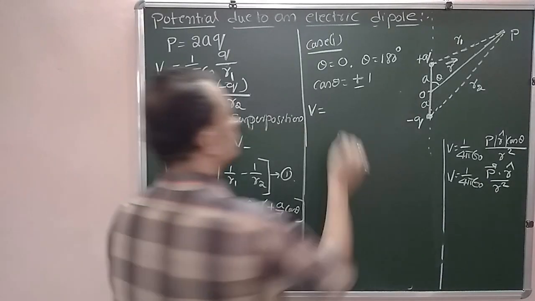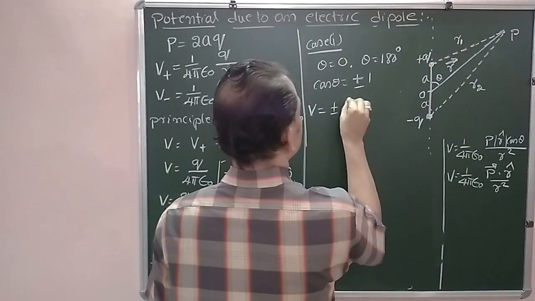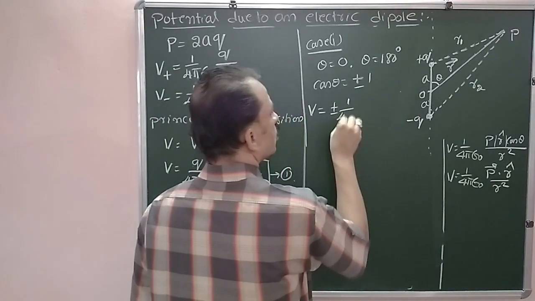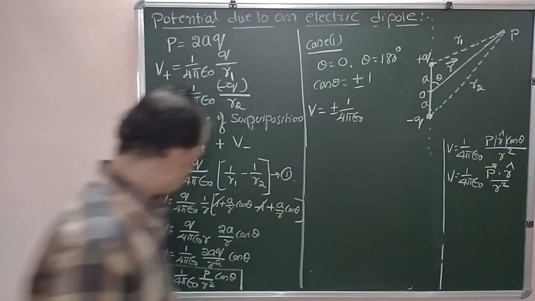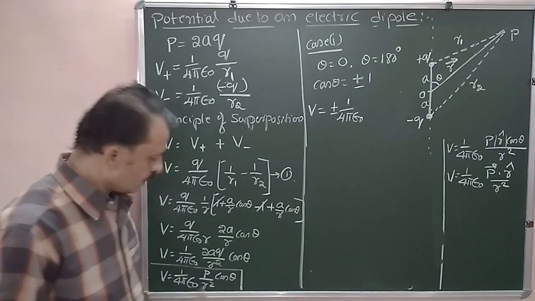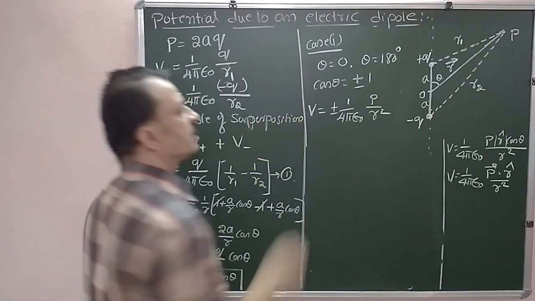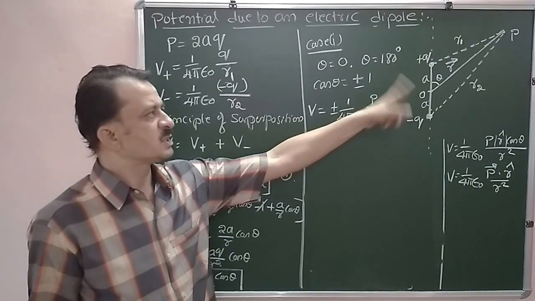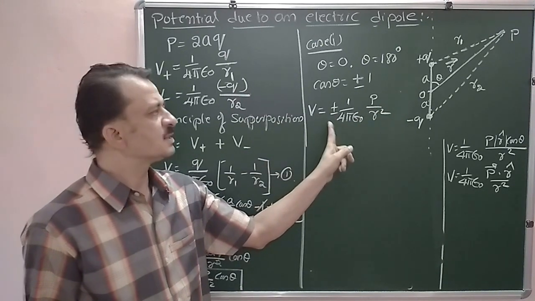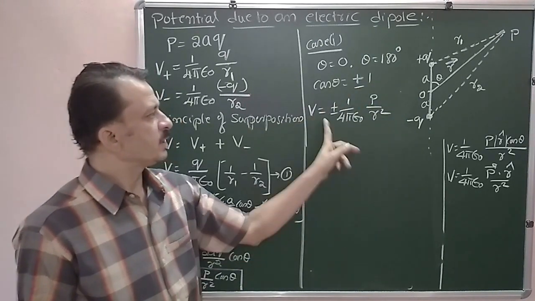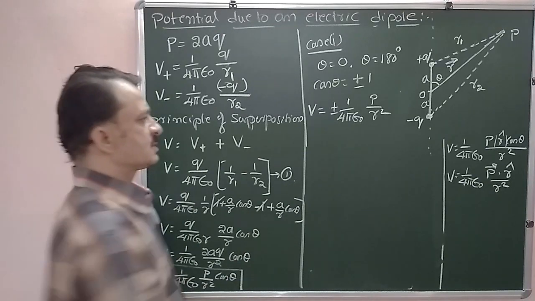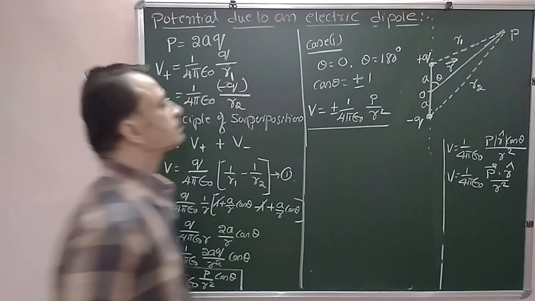It becomes plus or minus 1 divided by 4 pi epsilon naught into P divided by r square. If r is parallel to P, it becomes plus. If r is anti-parallel to P, it becomes minus. This is for the axial.